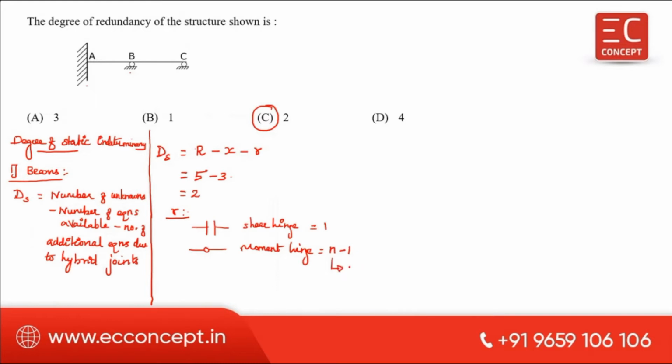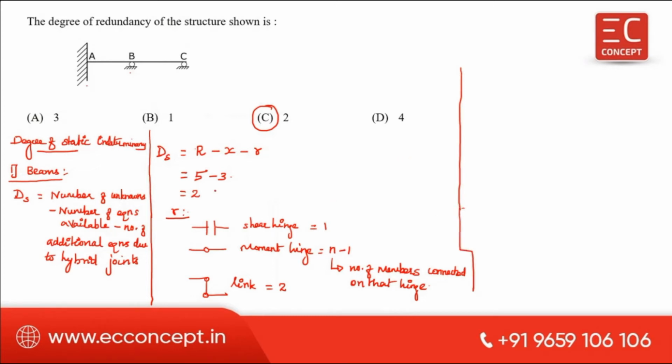What is n? Number of members connected on that hinge. Now, if there is a link, for link, number of additional equation due to hybrid joint is 2. Okay. Now, this is the answer.